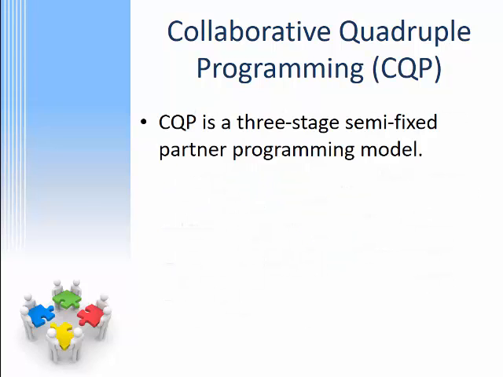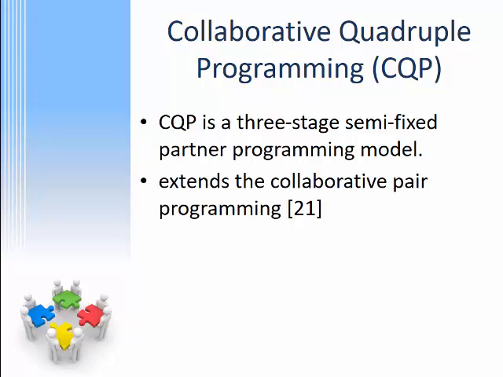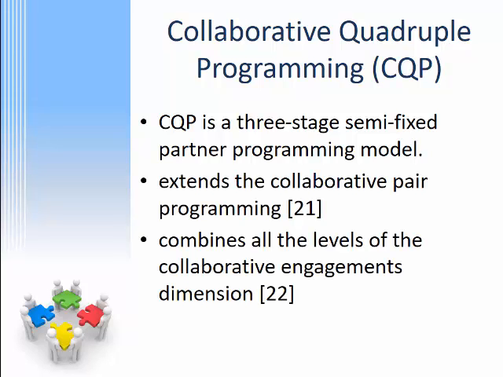The collaborative quadruple programming approach extends the collaborative pair programming approach and combines all levels of the collaborative engagements dimension. Collaborative quadruple programming is a three-staged, semi-fixed partner programming model.